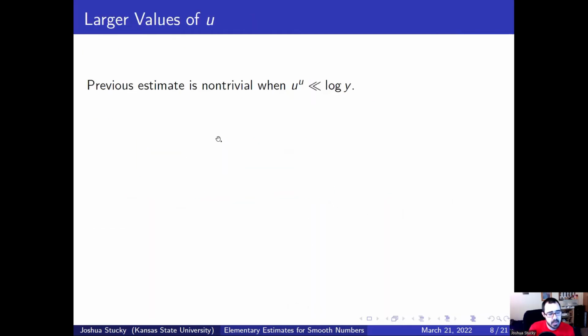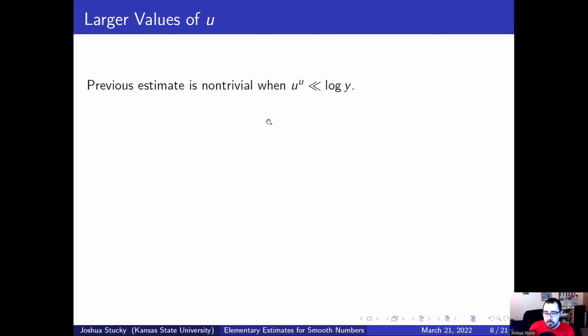And so in order to have an asymptotic equality, you need u to the u bounded by log y, which is essentially saying you need u to be constant. Now, it's not quite that. You can have a tiny little bit of growth, but not much. So essentially, if u grows faster than a constant, this is going to be violated and you're sad, because you don't have an asymptotic anymore.